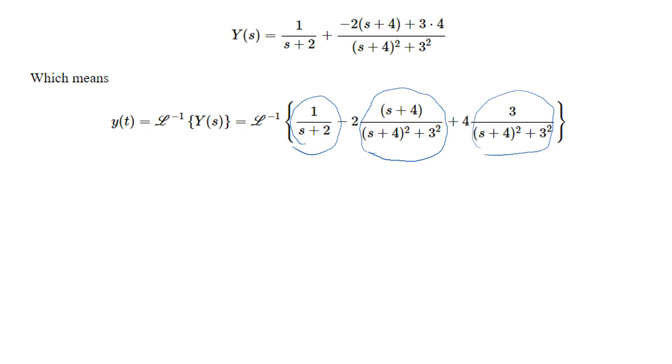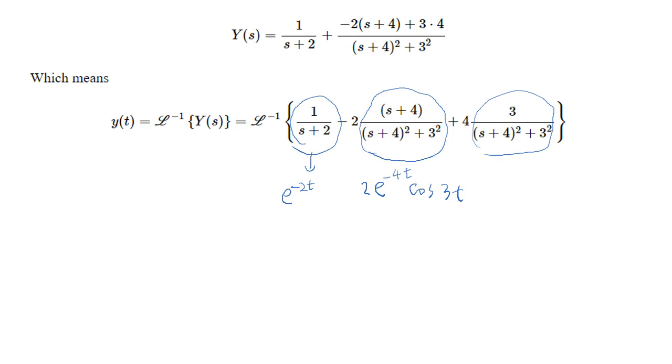So this one here is e to the negative 2t. The 1 over s minus a is e to the at. So this here is the Laplace transform of e to the negative 2t. This one here, you'll see that it's the Laplace transform of negative e to the negative 4t cosine of 3t.